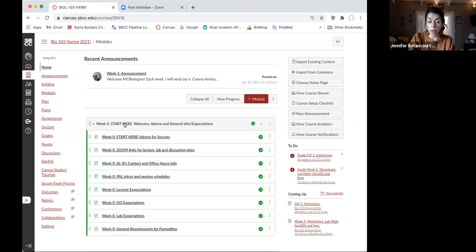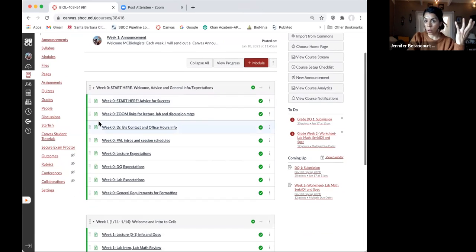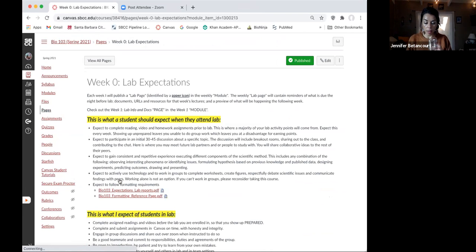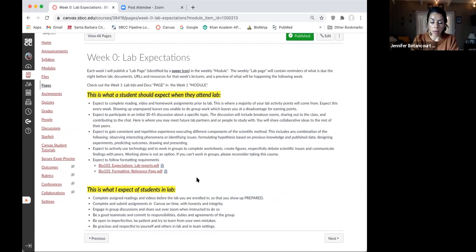We have our Canvas homepage. So week 0, that's where you could have or should have found the document with lab expectations. I'm going to go ahead and open that, because in case you did not read this, I just want to point out some of the things that I expect of students when they do show up for lab.